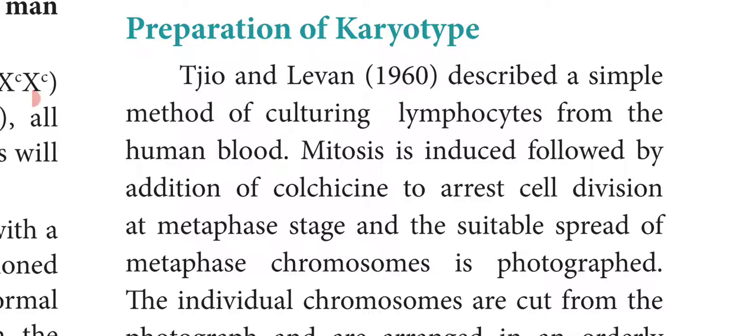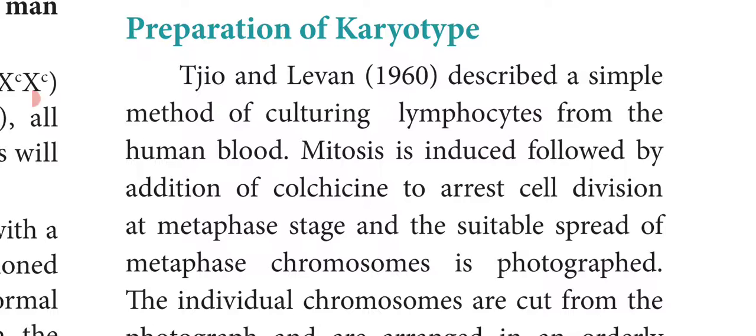and it is followed by the addition of colchicine to arrest cell division at the metaphase stage. So at first mitosis is induced and after that they add the colchicine to arrest the cell division.